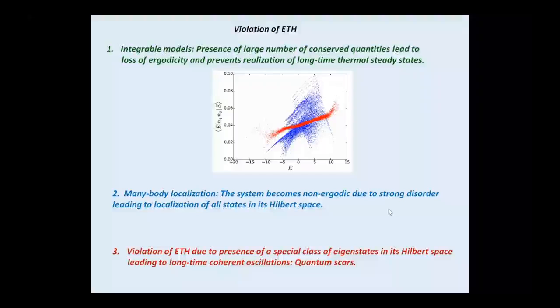However, this precludes the presence of any long-time coherent oscillation. And when I say long time, I mean time scales which are much larger than any typical time scale of the system. Typically, for a non-integrable system, the quantum oscillations die out very fast, so the presence of this long-term coherent oscillation is a signature of violation of ETH.